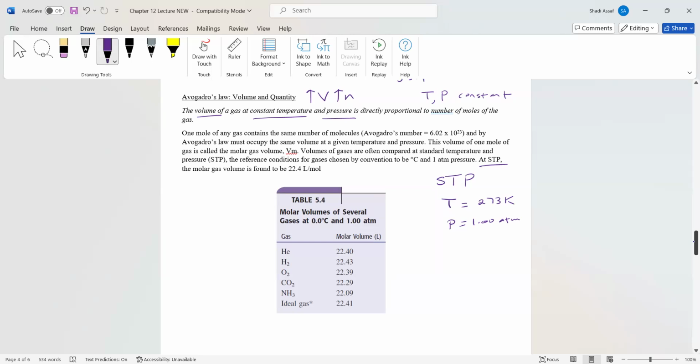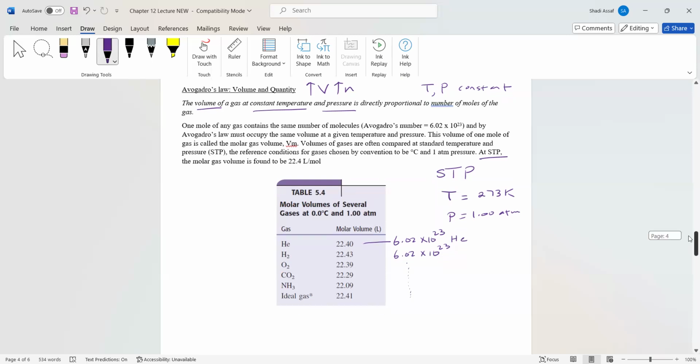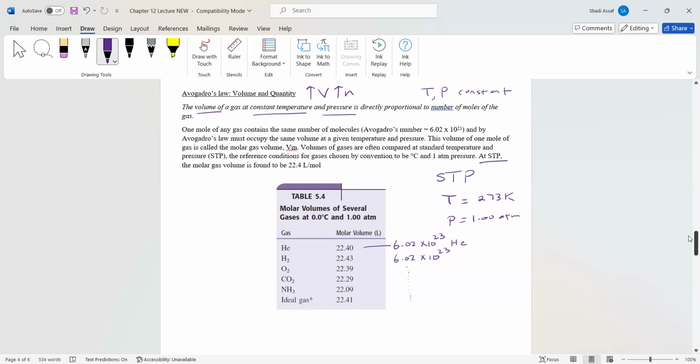If you have the same volume, which is the molar volume, that means you have 6.02 times 10 to the 23rd molecules, or in this case, atoms, 6.02 times 10 to the 23rd, etc. So that's what's interesting about Avogadro's law, which explores the relationship between volume and quantity.